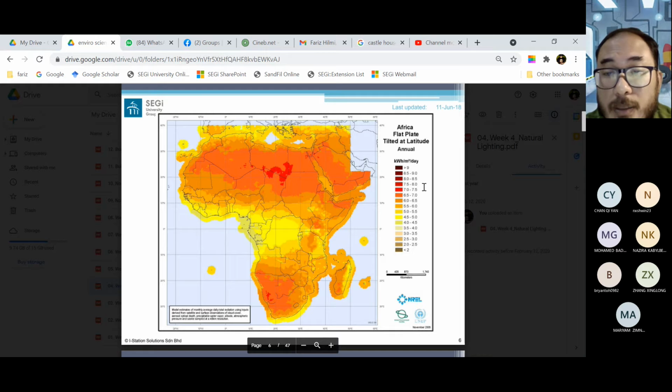So here we can see the amount of radiation absorbed into this Africa continent. With the color yellow, the absorption is less compared to the darker color. Darker color absorbs more.